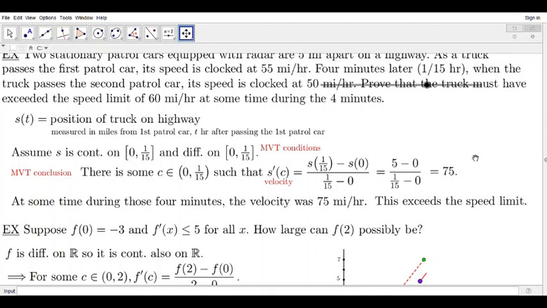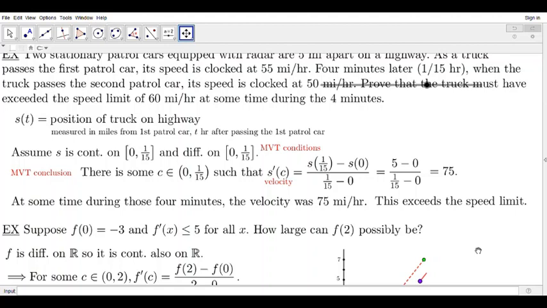So even though nominally, if you look at the rates when it passed the first patrol car and the second patrol car, the two rates are 50 miles per hour and 50 miles per hour, way below the speed limit of 60, but hey, that was too much distance covered in such a short amount of time that at some point this truck must have oversped and exceeded the speed limit.